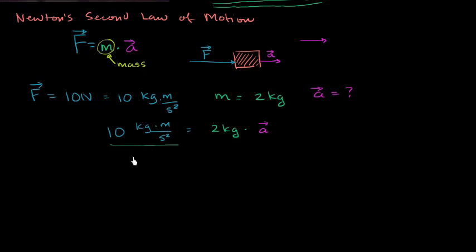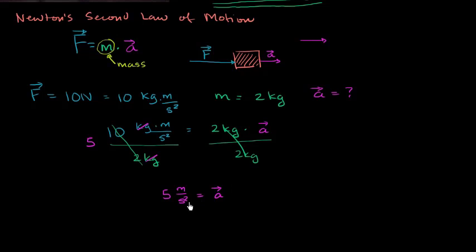The 10 divided by 2 is 5, and kilograms cancel with kilograms. On the left-hand side, you get 5 meters per second squared.